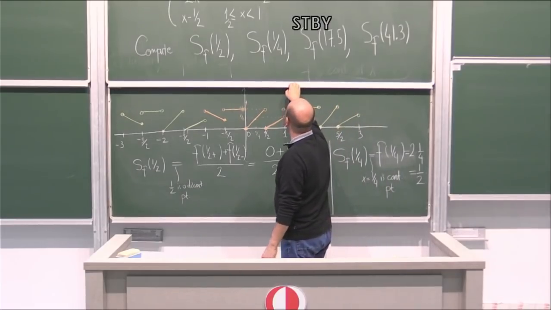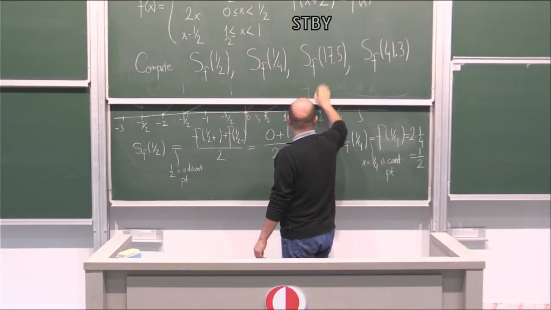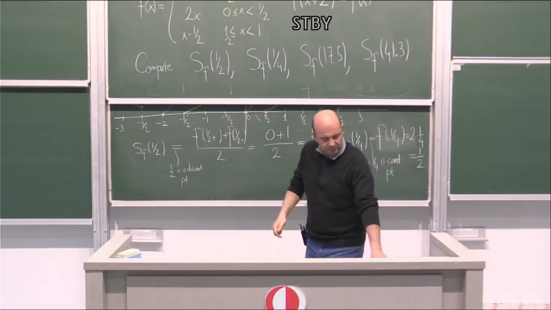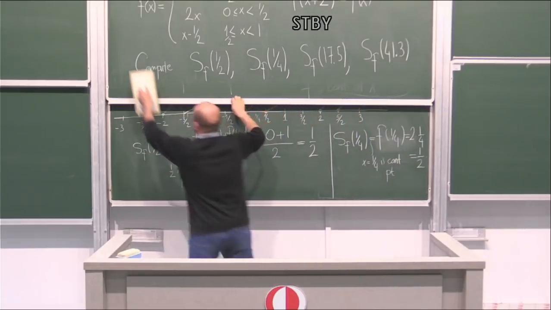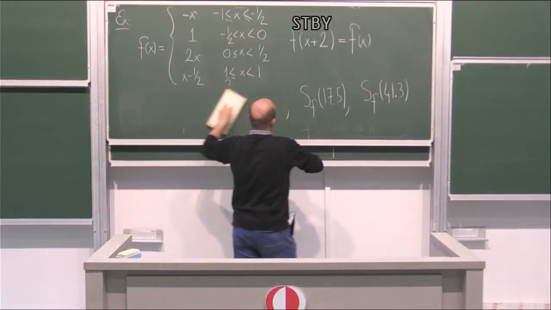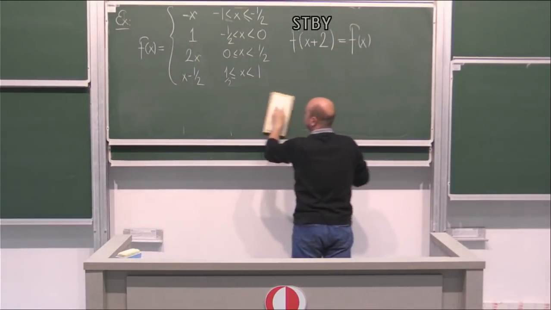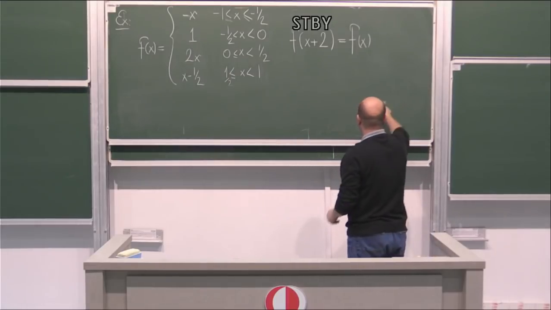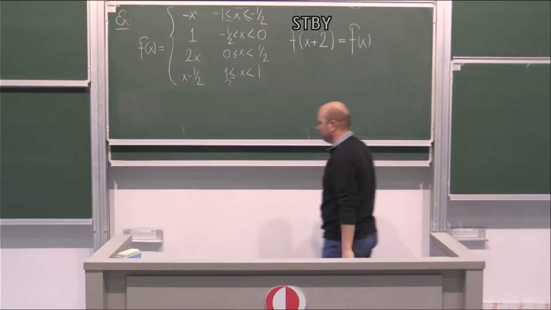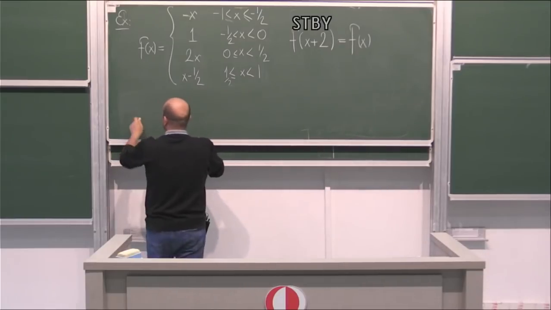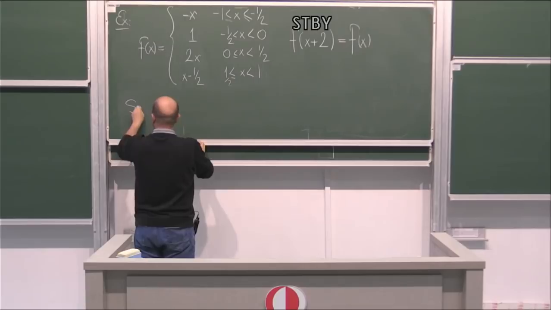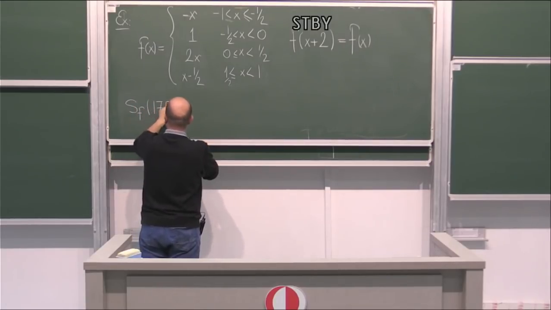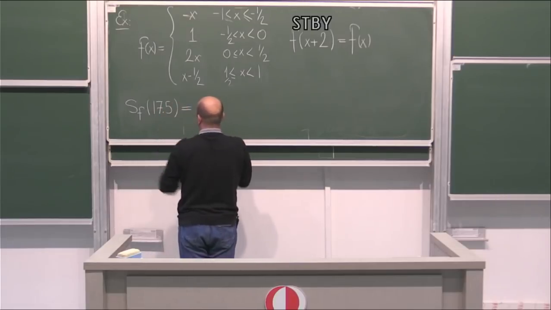Now, the others. Let me just do, okay, maybe this one, and leave the last one as an exercise to you. So why don't you do the negative version, like minus 41.3 as an exercise? Okay, so how about f of 17.5?